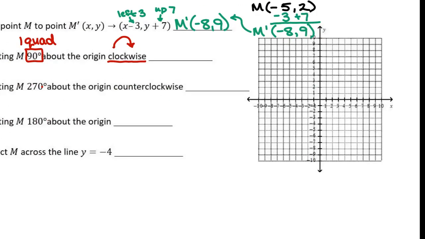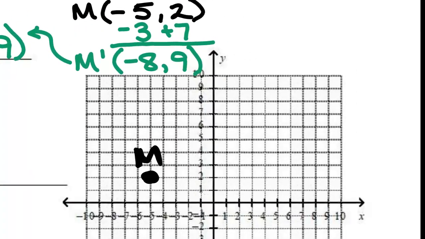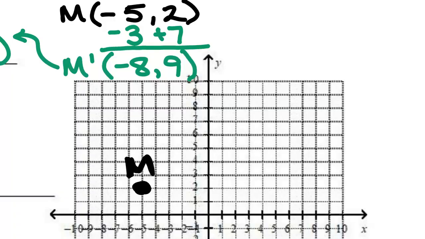I'm going to go ahead and plot the point on my graph so that I know what quadrant we're going to be rotating into. -5, 2 is right here. Here's my point M. It's in the second quadrant. If I go 90 degrees clockwise, that will move me into what quadrant? Yep, into my positive quadrant.